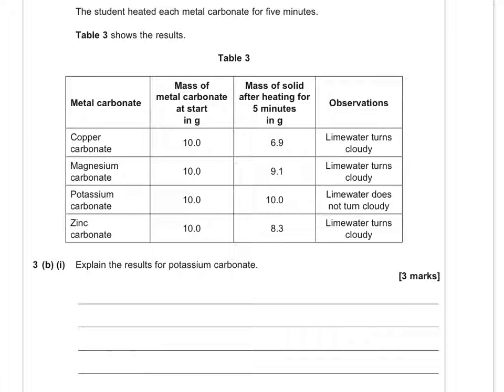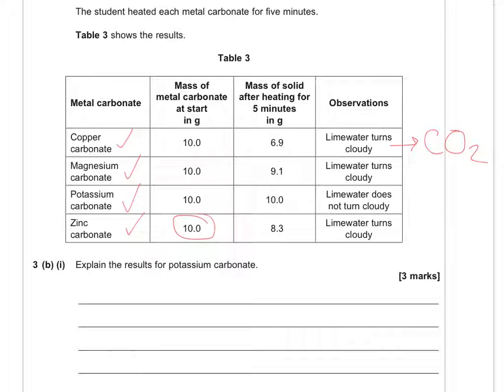So they've done copper carbonate, magnesium carbonate, potassium carbonate and zinc carbonate. They all start with 10 grams at the start, and then it gives you the mass after heating. And then we have got whether or not it turns lime water cloudy, which indicates the presence of CO2.